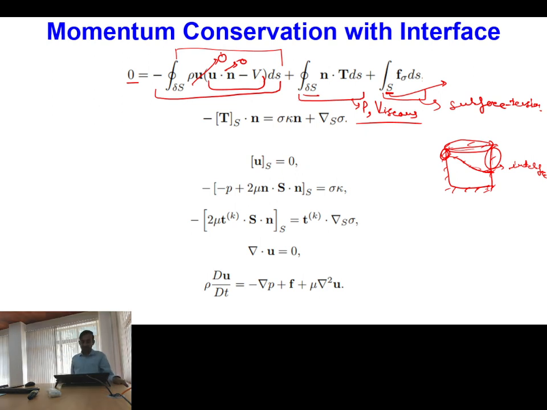Okay, and we know that our surface tension tensor is sigma k n plus the surface gradient of sigma. So that is something which I need to substitute over here in order to define this. And this first tensor we know already, it is nothing but minus P I plus delta ij into deformation tensor Sij. Okay, do you know what is this first tensor, which is because of the pressure and viscous forces?